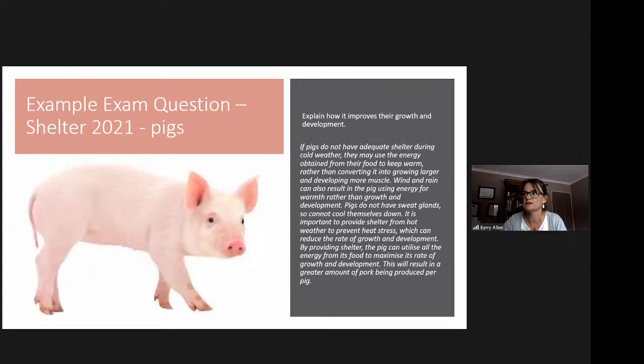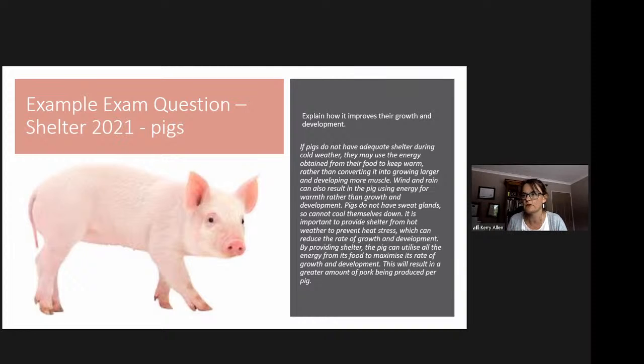So moving into the merit part of it, how does it improve growth and development? Because remember, pigs cannot thermoregulate, so they can't shiver when they're cold. They can't do that. So they just eat more, and they need to sleep with other pigs. They also cannot cool themselves down. So if they get too cold or too hot, they get stressed. And if they're stressed, they do not eat, and therefore they're not going to grow.